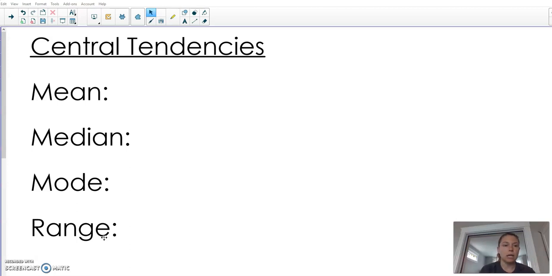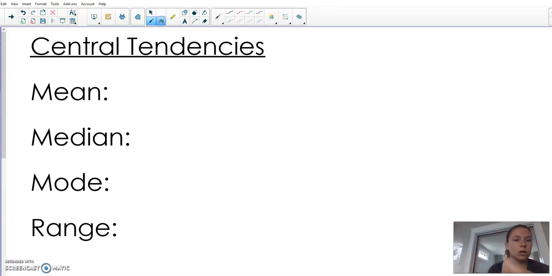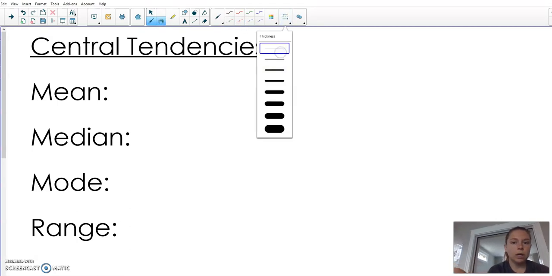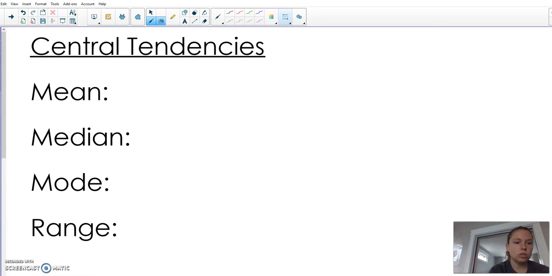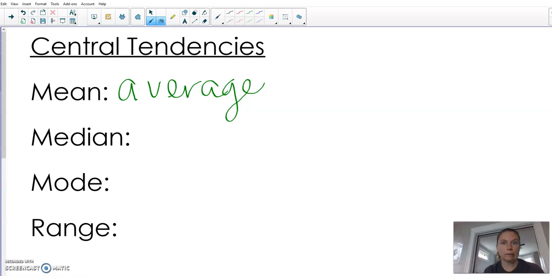Let's start with mean. Mean is actually what we call the average. So again, bear with me. I am going to try and write on the board here. I'm going to write average. Okay, handwriting, sorry. And then median.